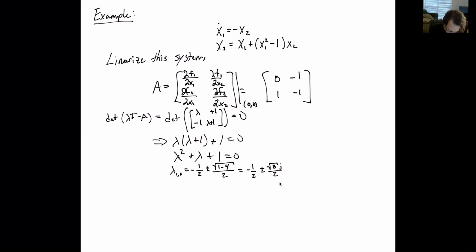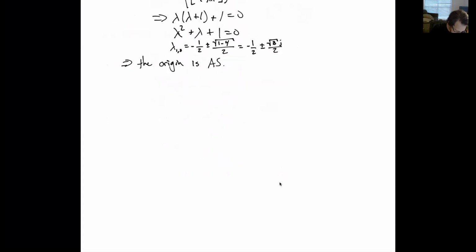All right, and so now, because these eigenvalues are negative definite, this implies that the origin is asymptotically stable.